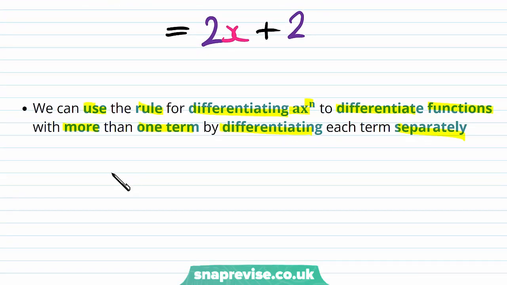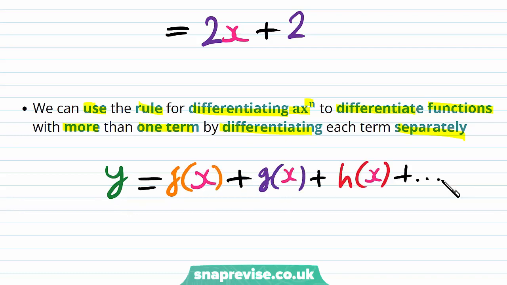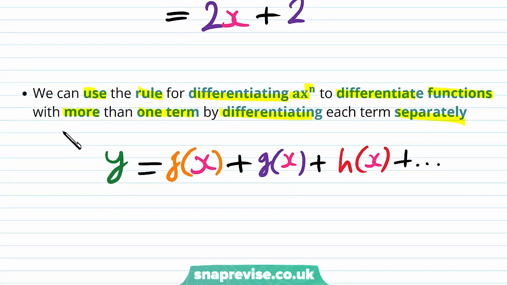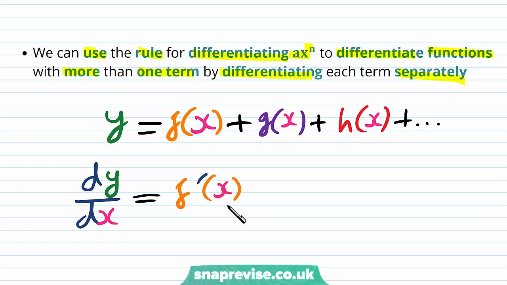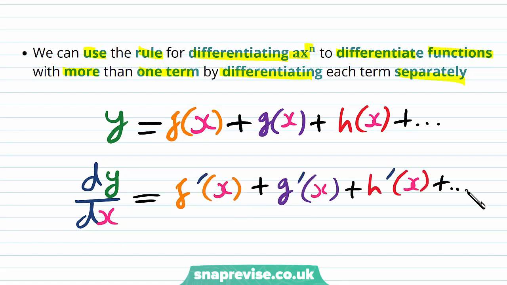In general, if y is equal to f of x plus g of x plus h of x and so on, then dy by dx is formed by differentiating each term separately and adding up the results. And so we have our f prime of x plus our g prime of x plus our h prime of x and so on.